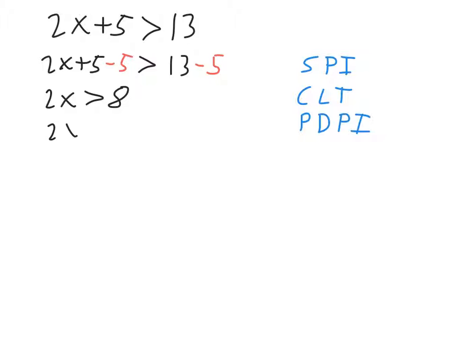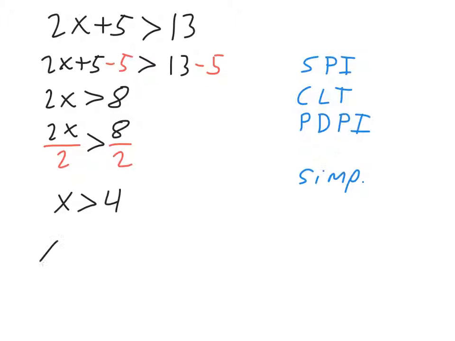So we take 2x divided by 2, and that is still greater than 8 divided by 2. And when we simplify that, that will give us x is greater than 4.